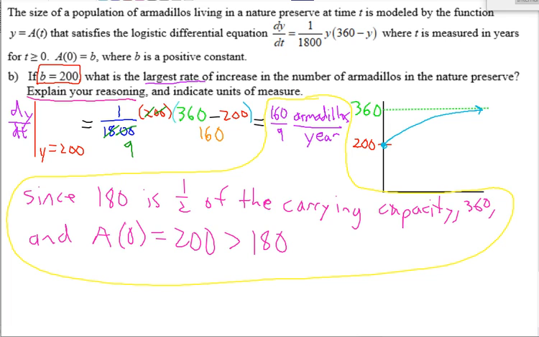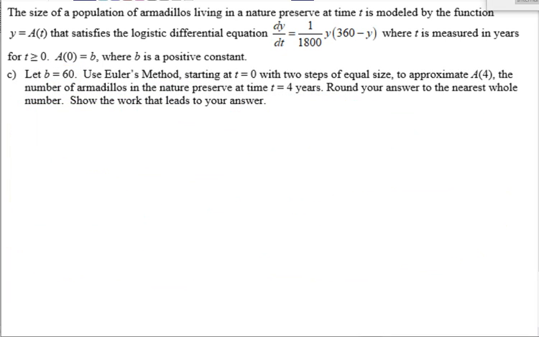And then part C says let B equal 60. And using Euler's method, starting at t equals 0, with 2 steps of equal size, so a review from Euler's method, approximate A of 4, the number of armadillos at time 4.